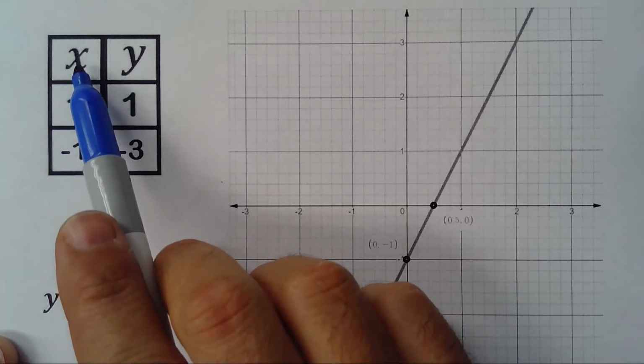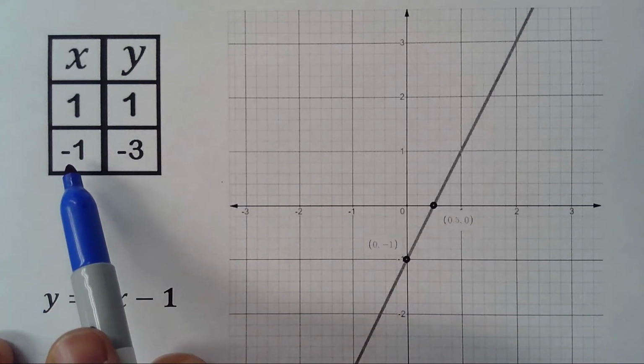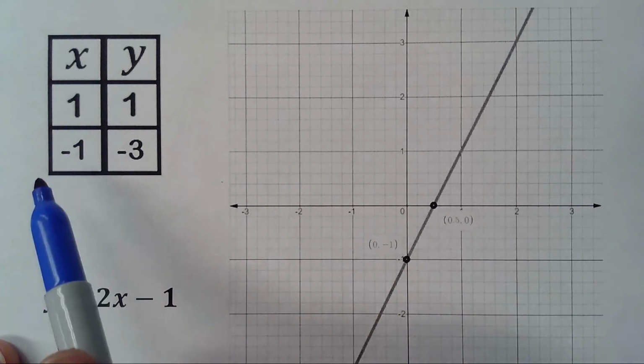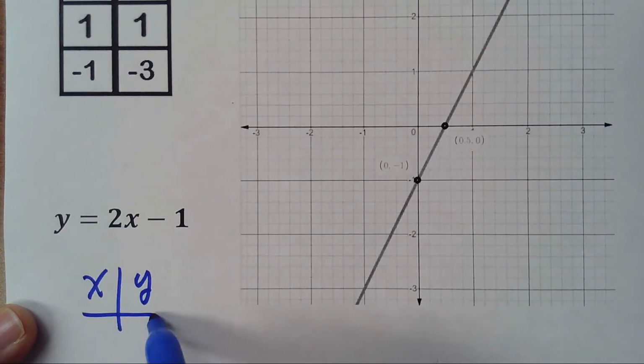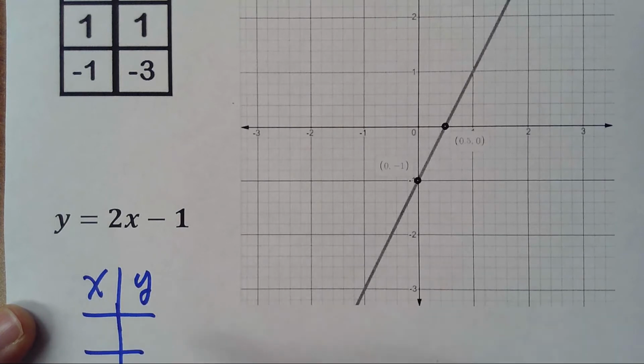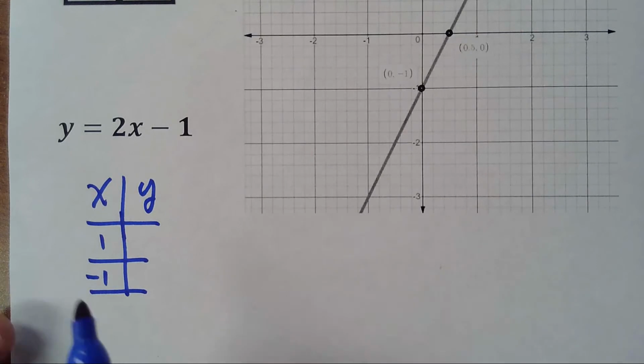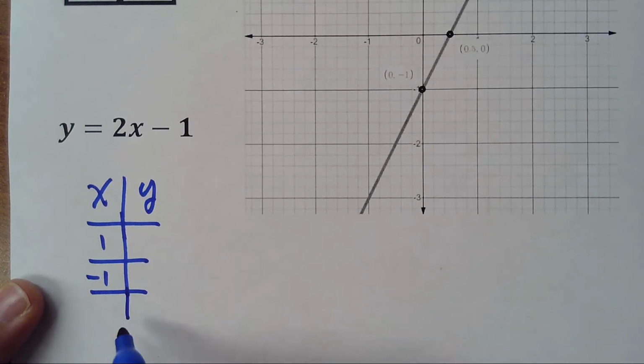Remember that x is the independent variable, which means that you can give any values to x. So I just make an x and y table. I can give any values. Let's do 1 and -1, which are the ones we have in the table above, and let's do an extra one like 0, for example.